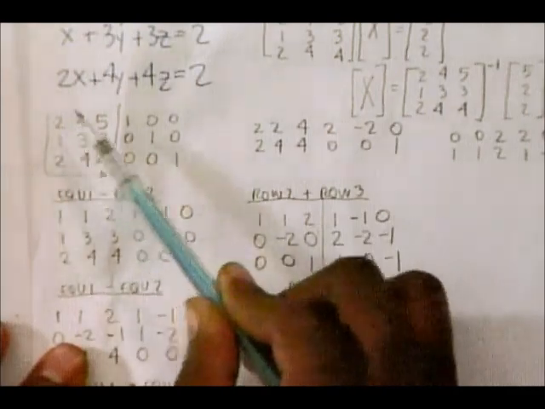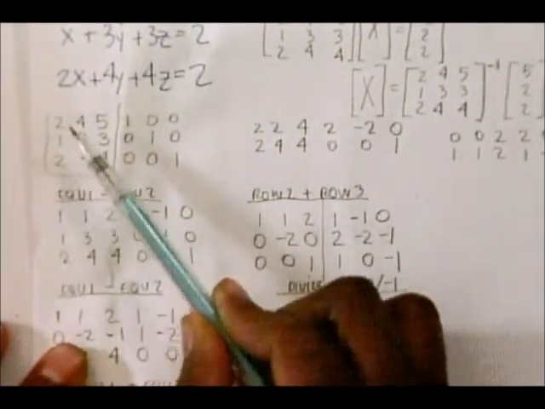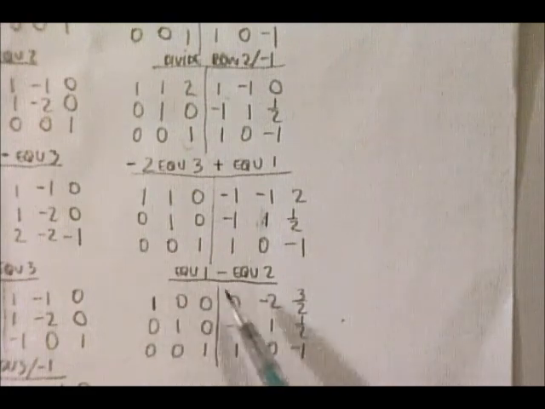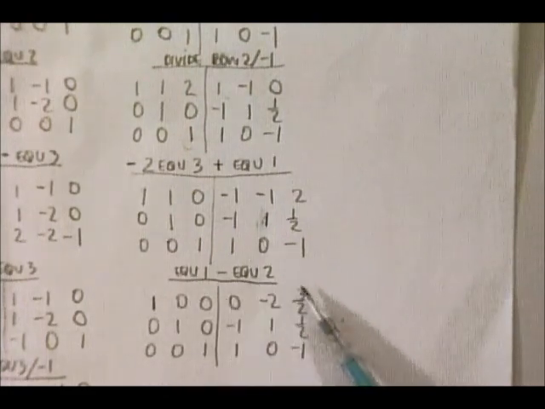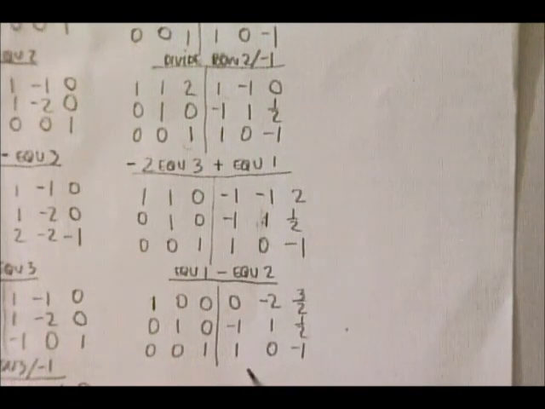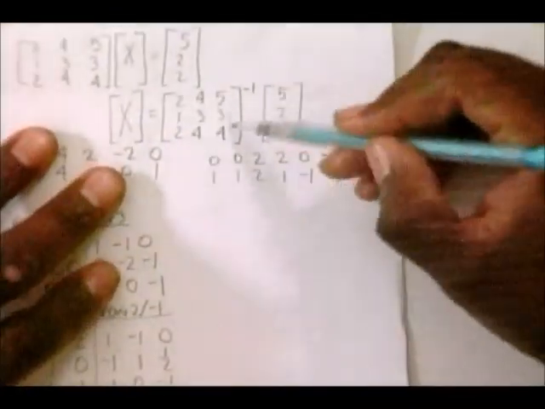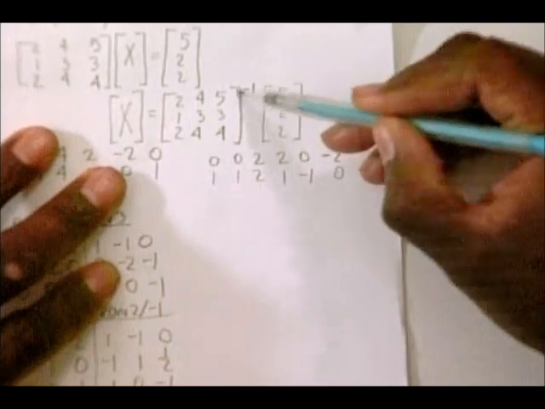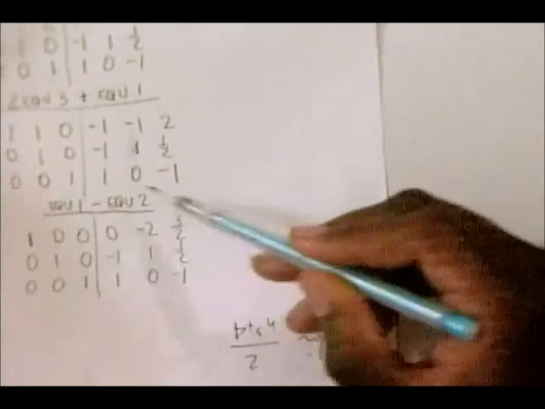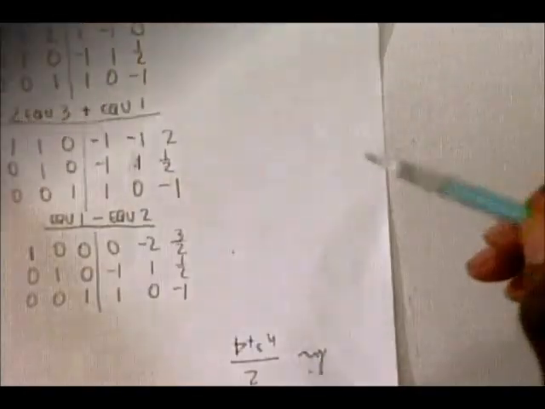So here the identity matrix is on the right, and we had our main matrix on the left. The point I'm trying to make is our goal was to get the identity matrix on the left, and the result on this right side becomes your inverse matrix, which is this matrix which we want right here. This means the inverse of the matrix. So we just found it. We just found the inverse, and it's right there. That is our inverse matrix.